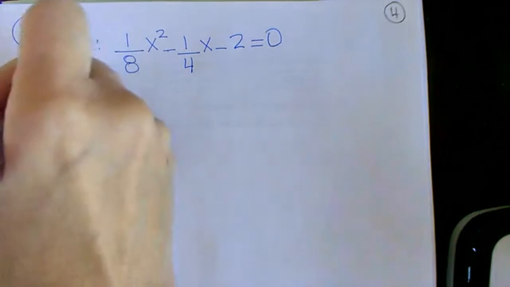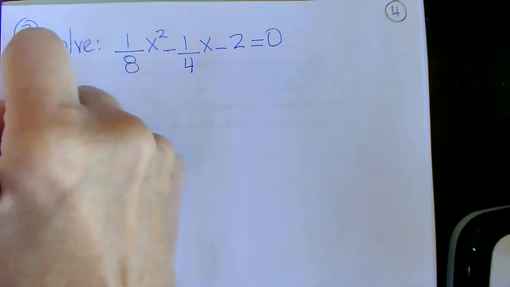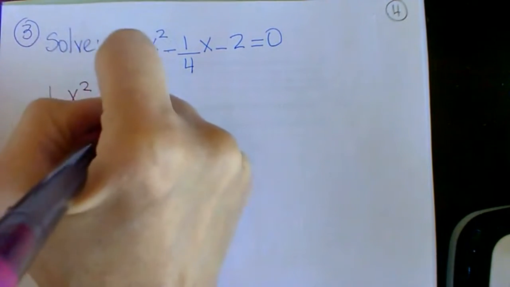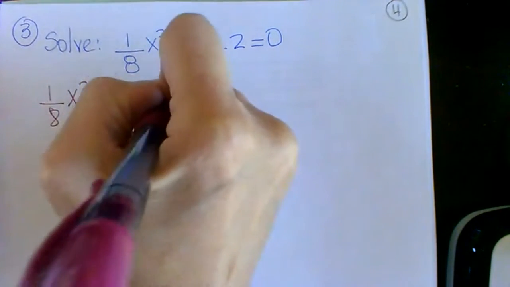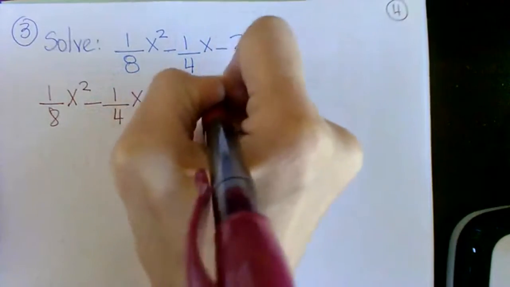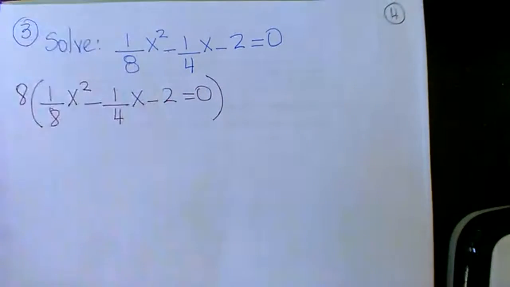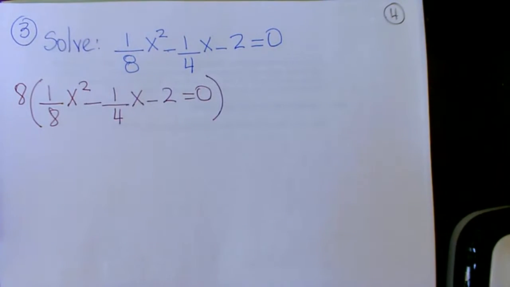All right. So this is what we have, right? 1/8 x squared. How about if we multiply this by 8? We don't have any more fractions.